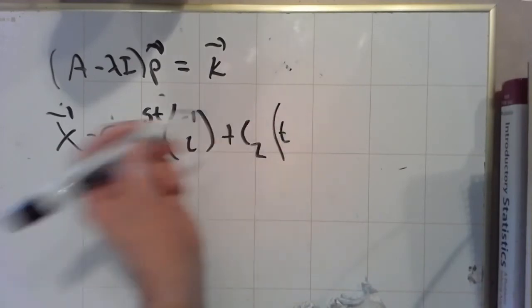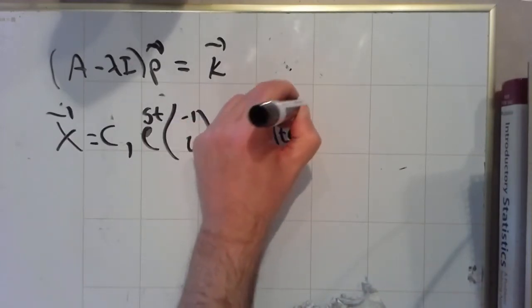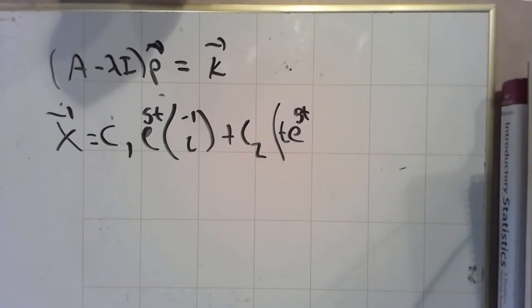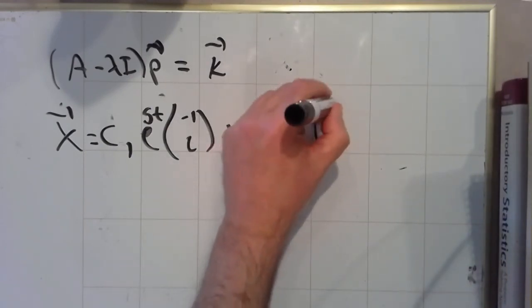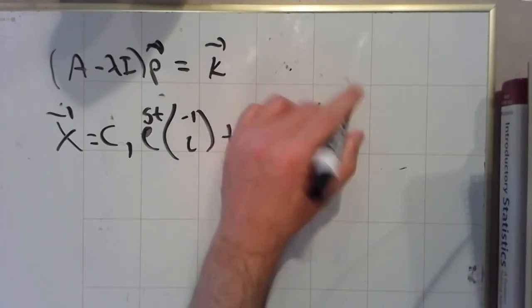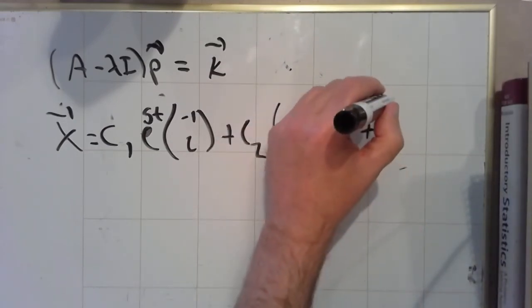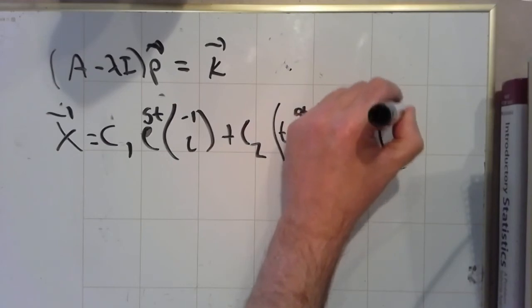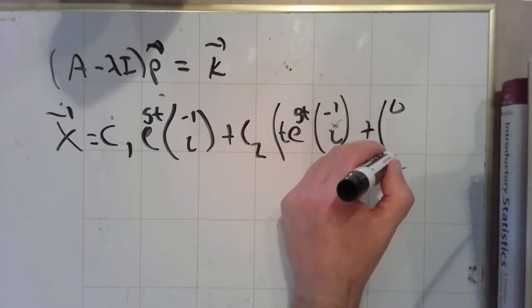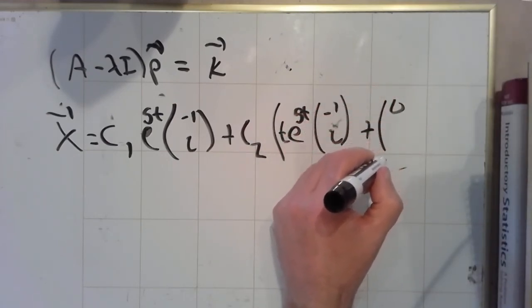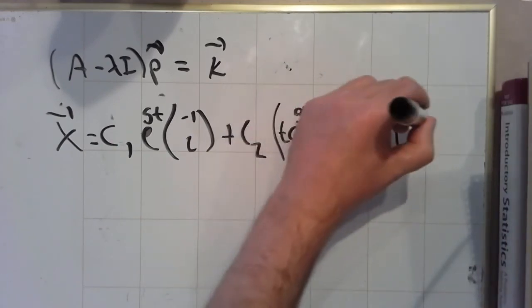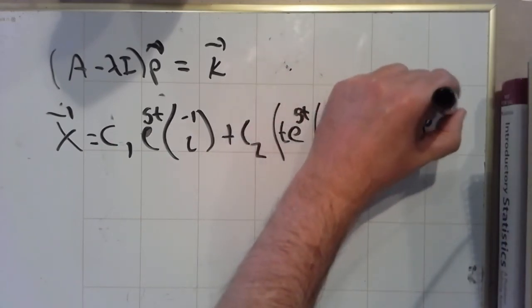We get this extra t, e to the 5t, times that eigenvector, negative 1, 2, plus that p we just had, which was 0, negative 1, times e to the 5t.